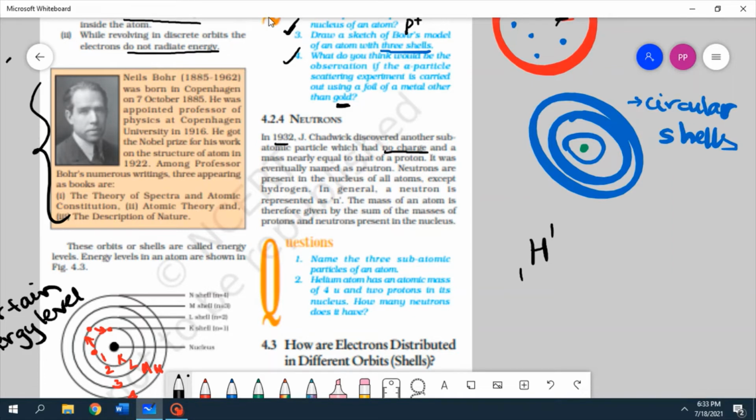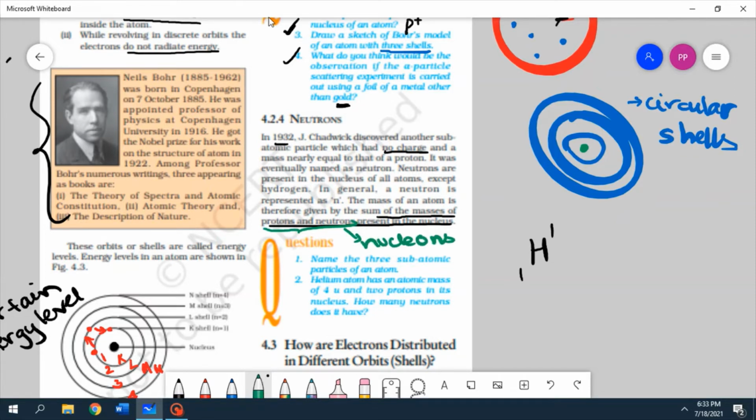Alright, so a neutron is represented as a small n, and the mass of an atom is given by the sum of the masses of protons and neutrons present in the nucleus. Together, protons and neutrons are called nucleons because they're present in the nucleus together.